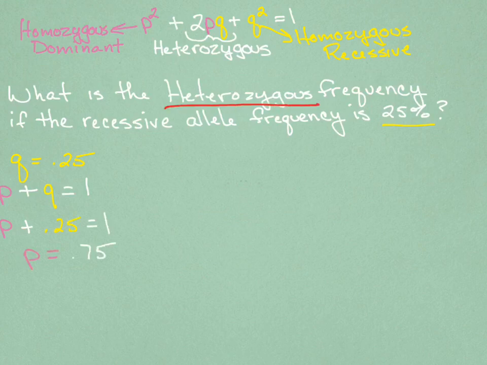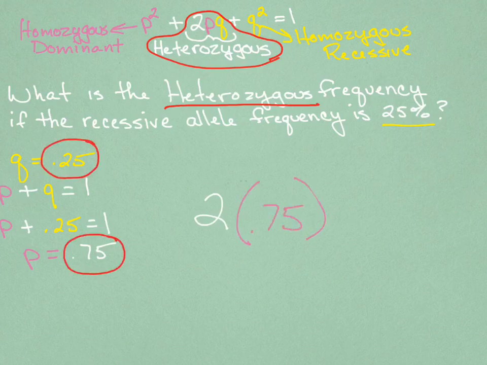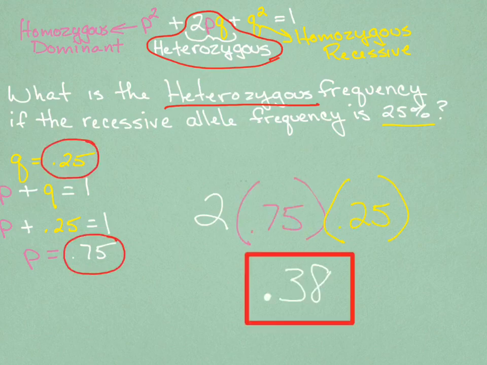So P is 75%, right? But now we need to go from there to heterozygous. So for heterozygous, all we need is a P and a Q. Have we already solved for the P and the Q? We certainly have. So let's just plug it in. So the heterozygous frequency is 0.38. Okay?